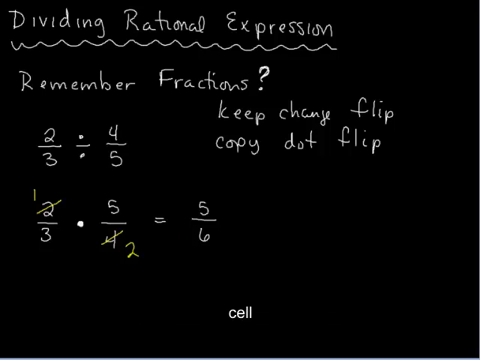So if we look on the 4th page of your packet, you've got dividing rational expressions. Let's look at number 2.